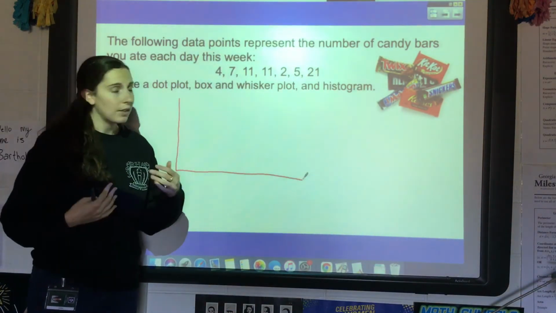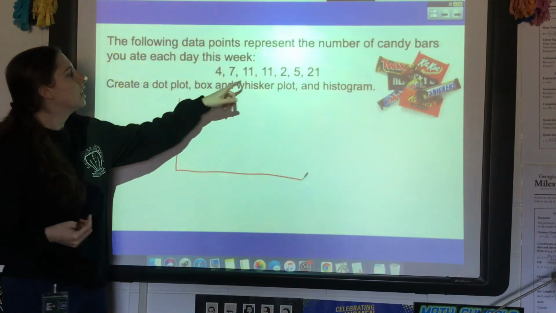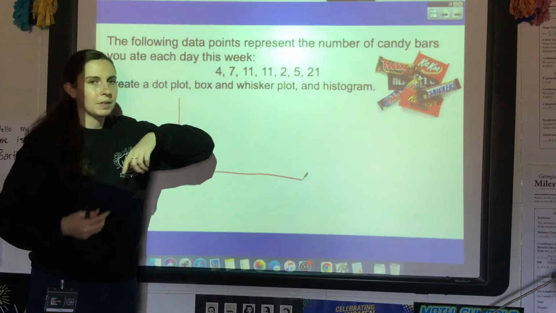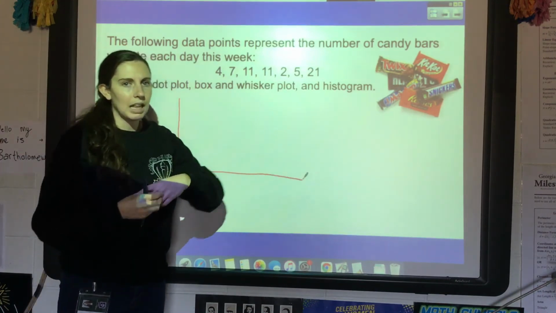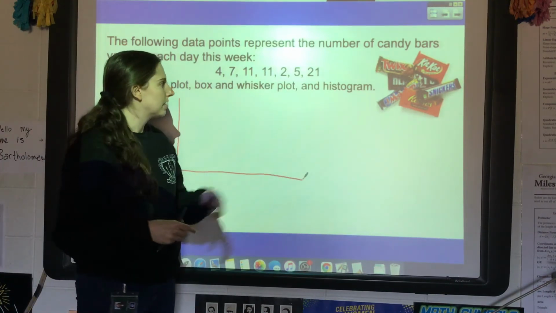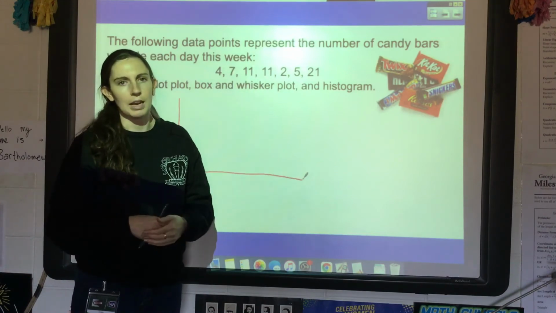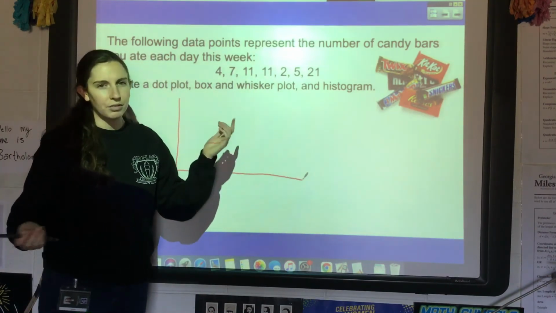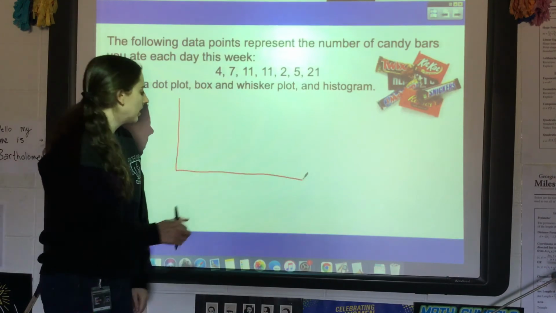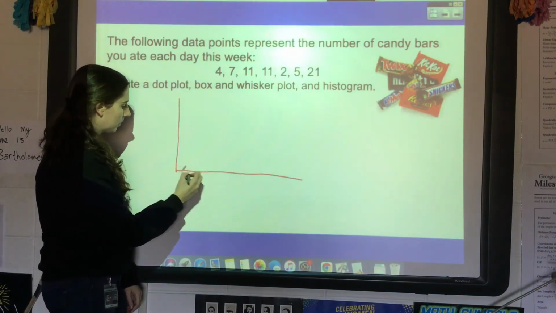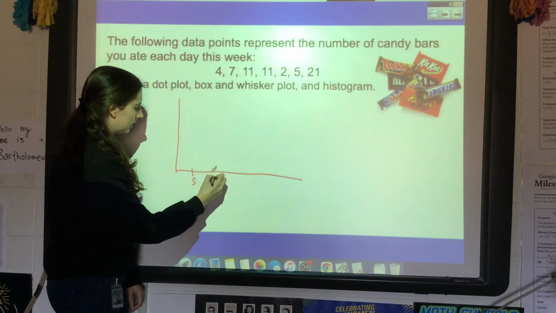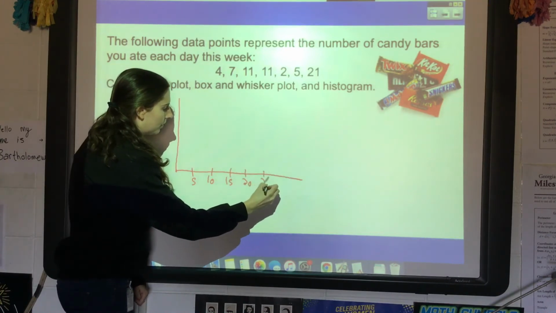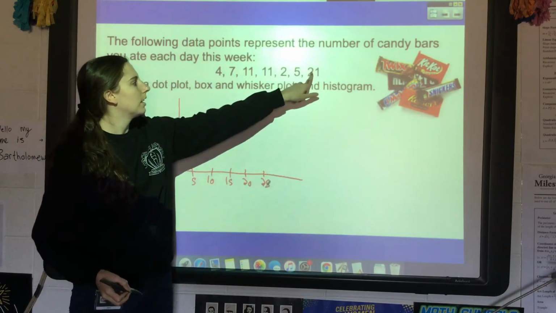So I get to pick whatever I think makes sense for this data, which goes from 2 to 21. So what wouldn't make sense would be like, let's count by 50s, because then it would all just be in one interval and that wouldn't make sense. So maybe I could count by 3s or by 5s, something like that. Let's maybe count by 5s. So 5, 10, 15, 20, 25, and that will include all the data.